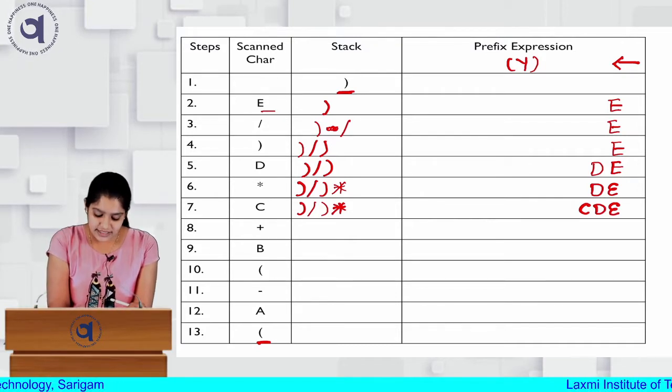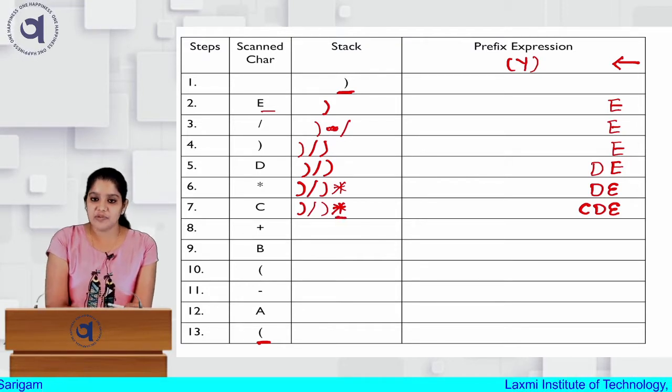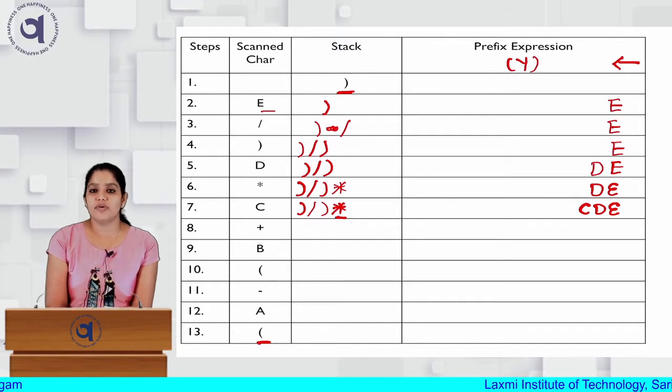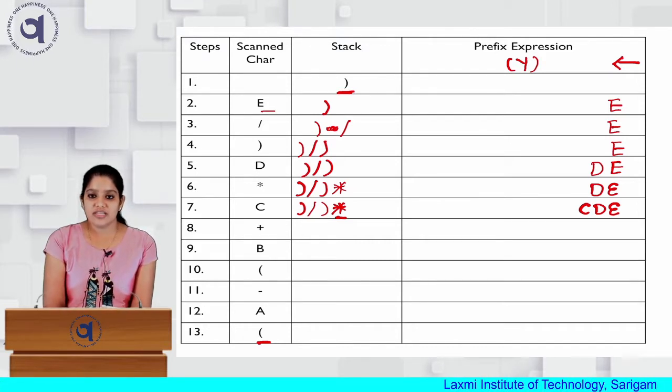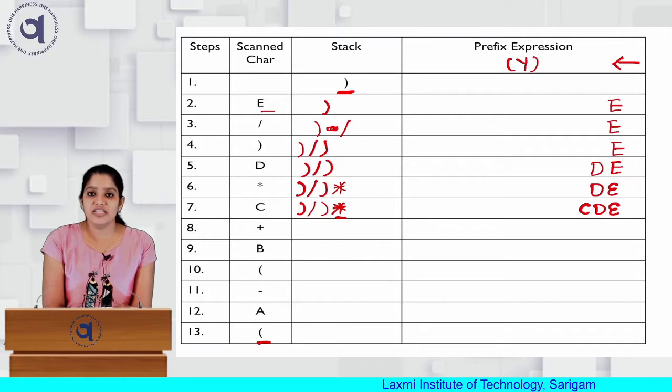Now, next is plus, and already on the top of the stack we have star, which means both are operators. At that time you need to check the constraint, that means you need to check the precedence. Here star has higher precedence than plus, and in this scenario you need to pop that element, that is star, from the stack and push it to the prefix expression.